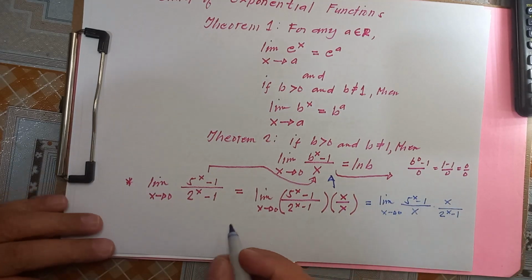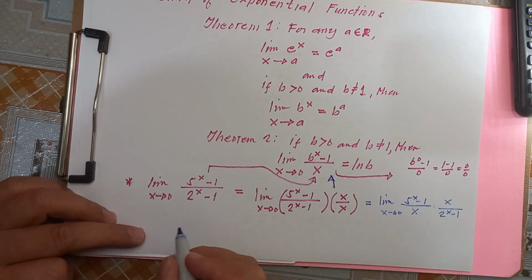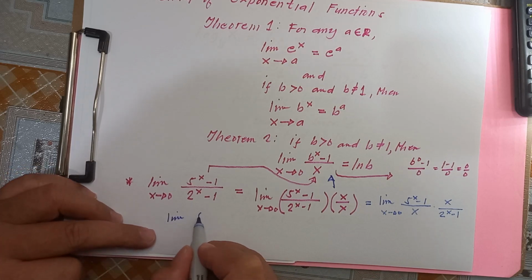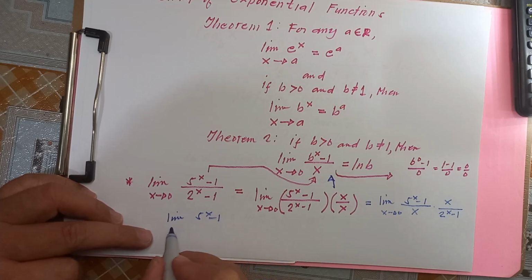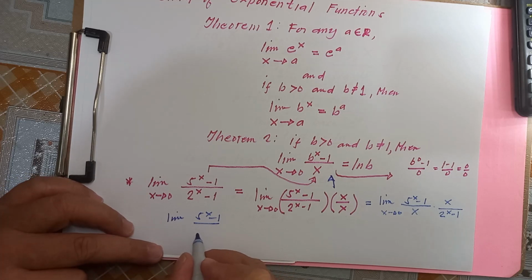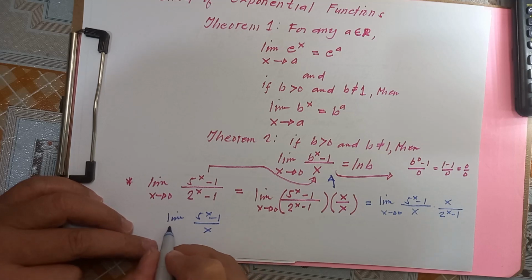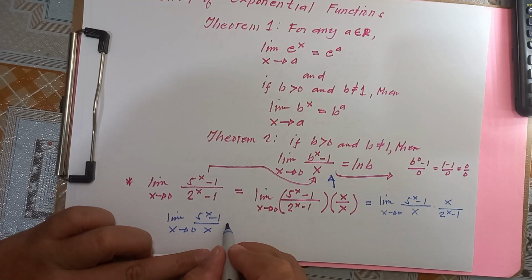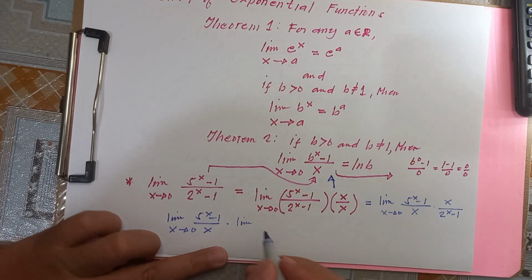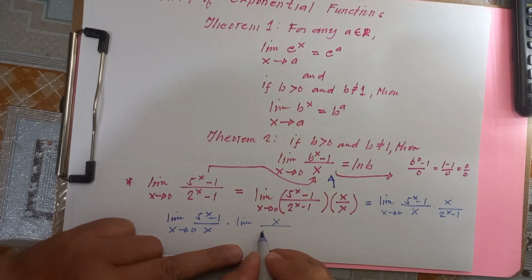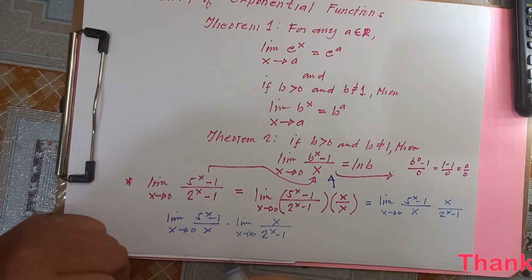It can be written as the limit of 5 raised to x minus 1 over x as x approaches 0, multiplied with the limit of the quotient x over 2 raised to x minus 1 as x approaches 0.